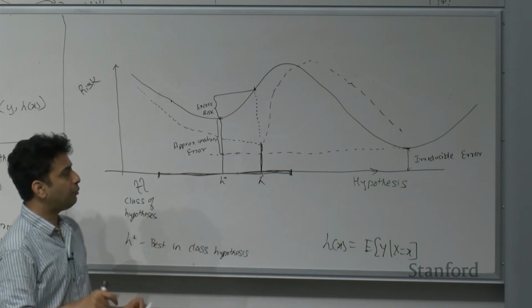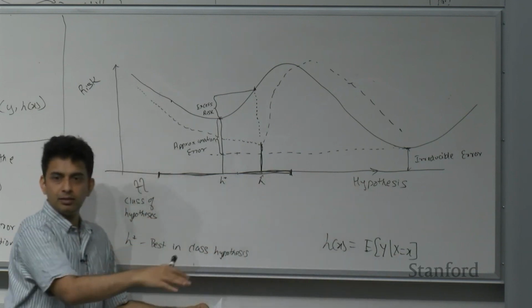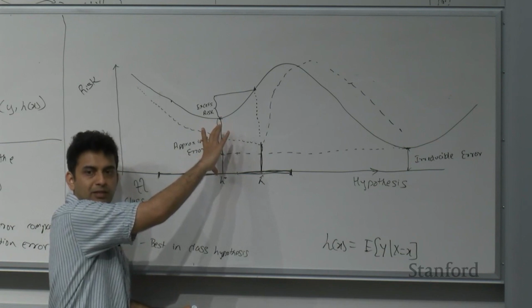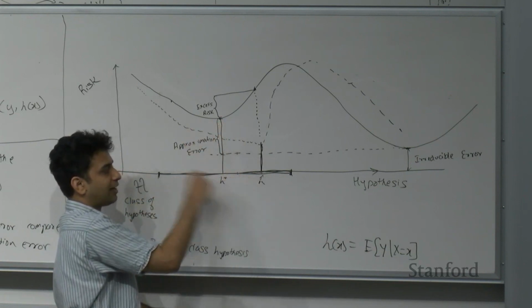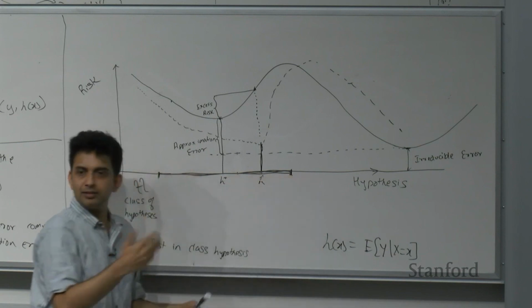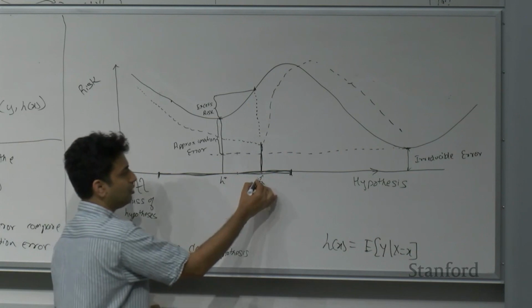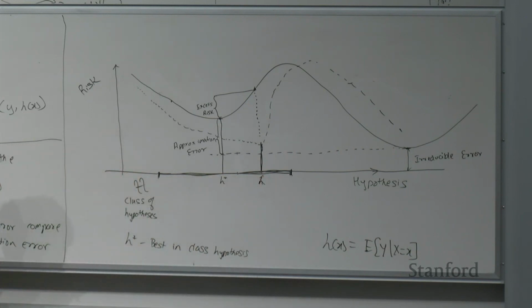So I wouldn't read too much into the horizontal distance between anything. What we care about is the expected error incurred. We want the error to be minimized. The fact that I have even drawn it linearly is a big simplification. So don't read too much into the horizontal ordering of things.